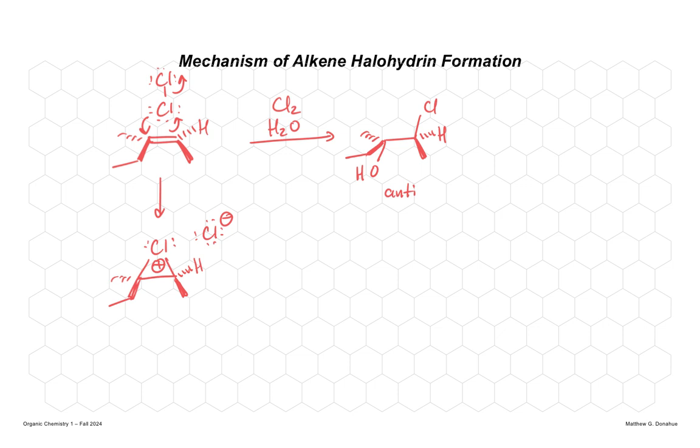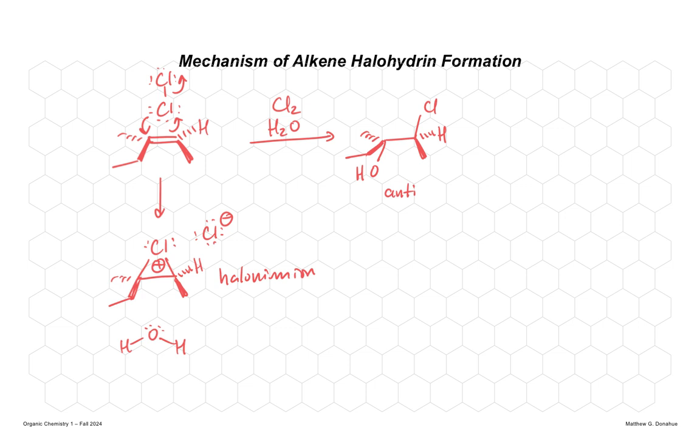Now this is where the solvent matters, because chloride is still nucleophilic, but there's more of the solvent around. It's typically in a large molar excess. Because the halonium ion has that halogen blocking the top face, the nucleophile has to approach from the other face.